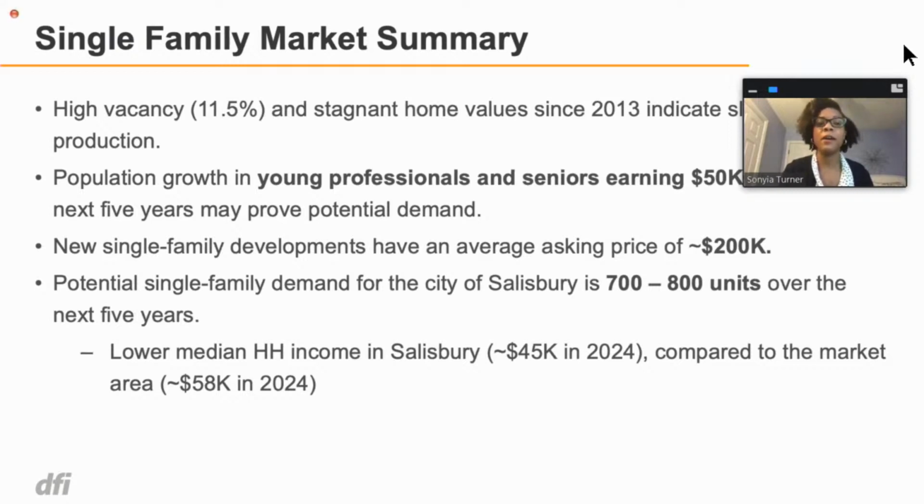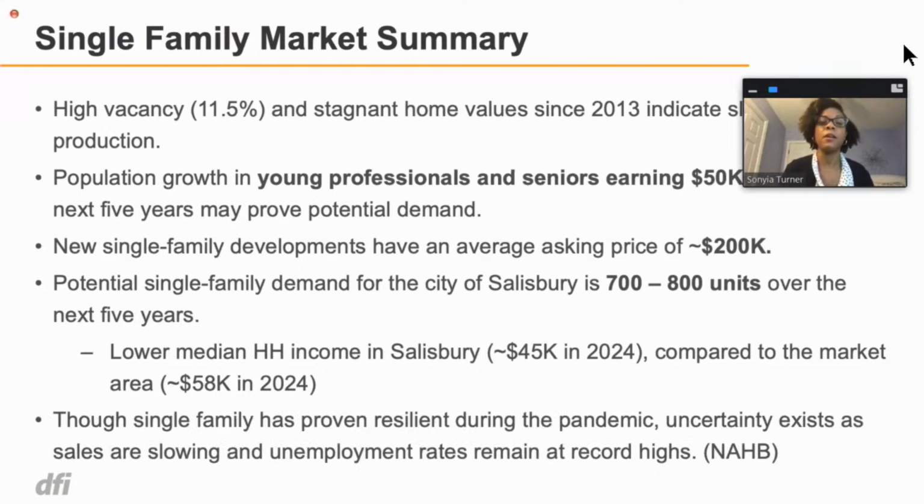However, we'll watch the new single family developments because they are on the higher end. One of the products is asking around $250,000, so it'll be important to watch those. And then there's population growth happening in your young professionals and seniors. So we believe that there is potential demand for single family, and I guess more than potential, a fair amount of demand.